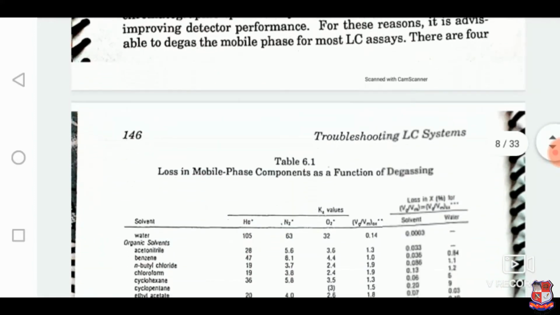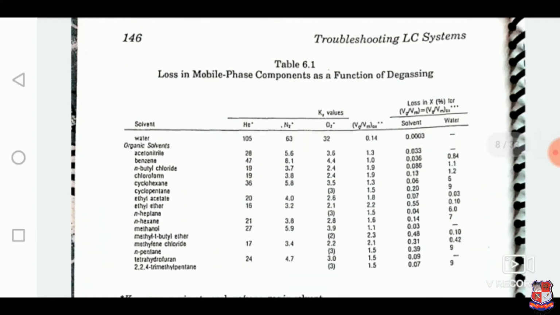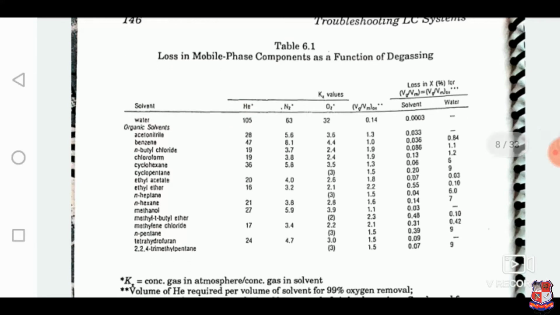Air bubbles and air entrapment are a major problem, along with the loss of mobile phase components. This table shows the loss in mobile phase components as a function of degassing, showing in which proportions the organic solvent will go out from the mobile phase reservoir.